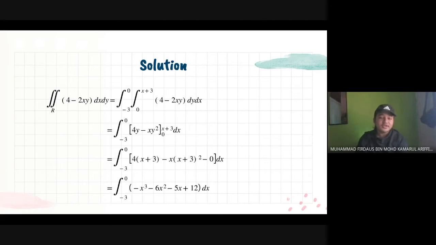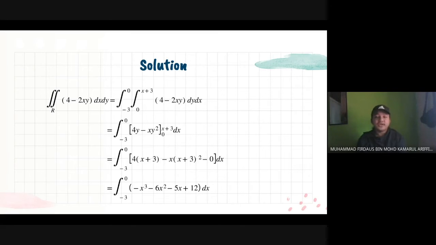So we got the integral from -3 to 0 of the integral from 0 to x plus 3 of (4 minus 2xy) dy dx. We integrate the first integral, with x plus 3 as the upper limit and 0 as the lower limit.